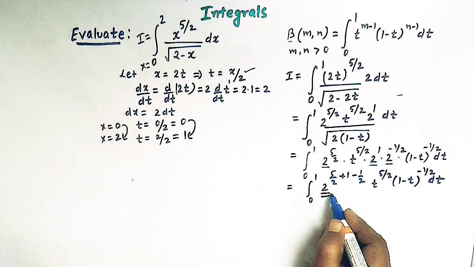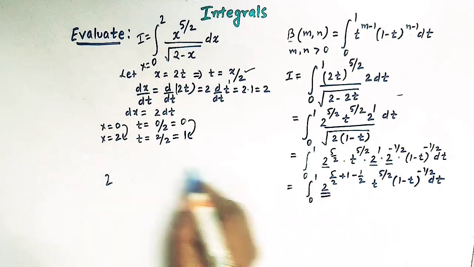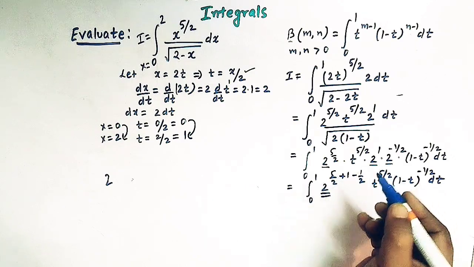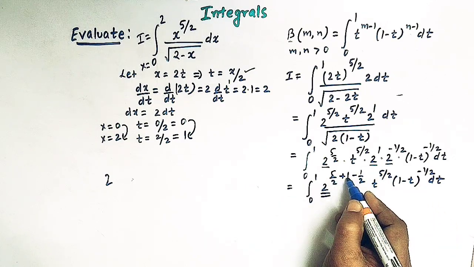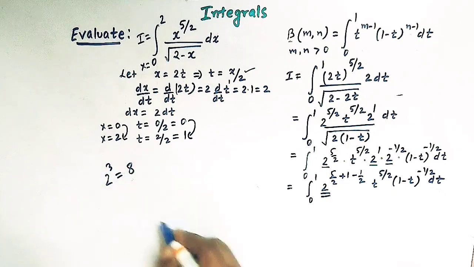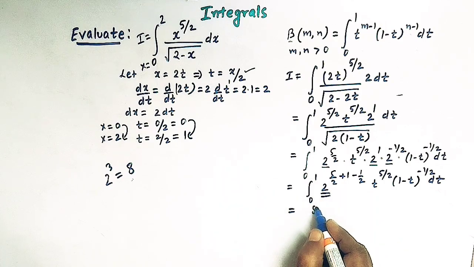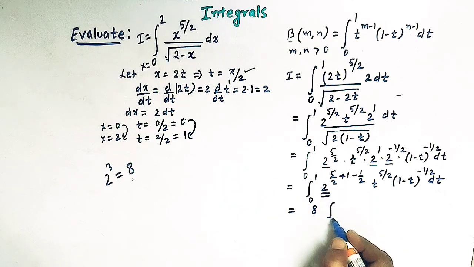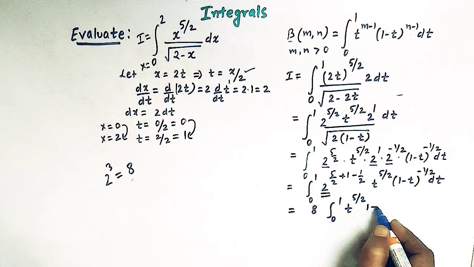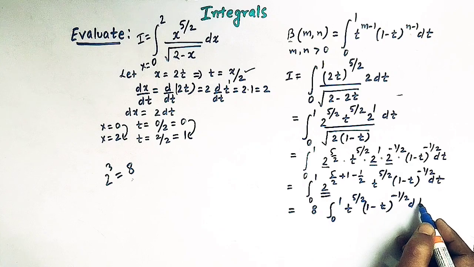Now simplifying this term, 5 over 2 minus half is 4 over 2, that is 2, and 2 plus 1 is 3. So we have 2 cubed, that is equal to 8, right? And taking 8 outside the integral, we have 8 times the integral 0 to 1 of t raised to 5 over 2 and 1 minus t raised to minus half and dt.